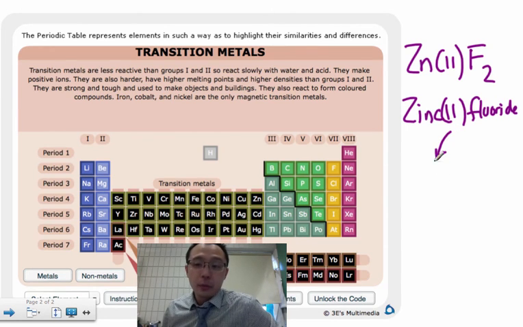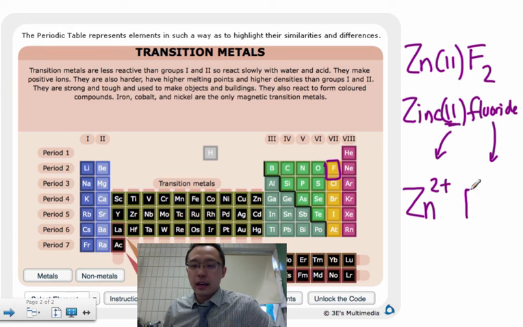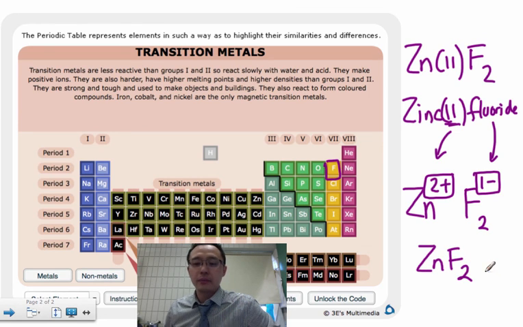To determine the formula, you're just reading from this name, and you see that there's a Roman numeral for zinc. Because it's a 2, that means it's going to have a 2 plus charge. Fluorine is just your basic fluorine right here. That's your halogen, so you should have a 1 minus charge. You need to balance these 2 charges. So this is 2 plus, that's 1 minus, so you need 2 fluorines. So finally, your formula is ZnF2.